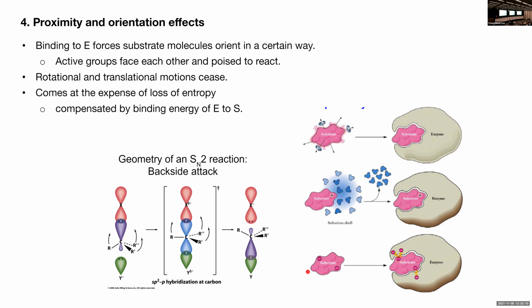And also there are negative charges there, and if it has to be oriented in a way that works with other negatively charged functional groups, there are repulsion forces there, so it'll make it hard for those molecules to interact with each other, but the enzymes can still help the interaction by putting them in proximity.